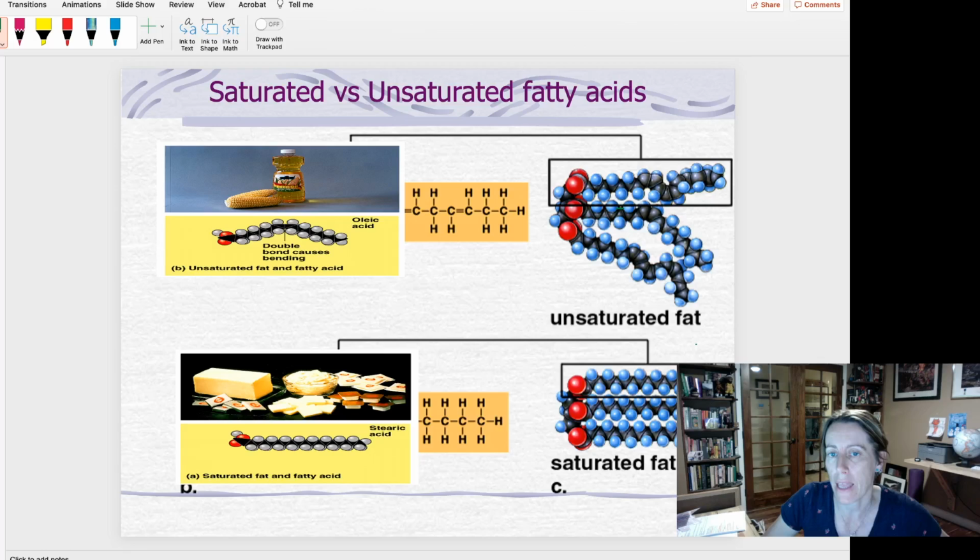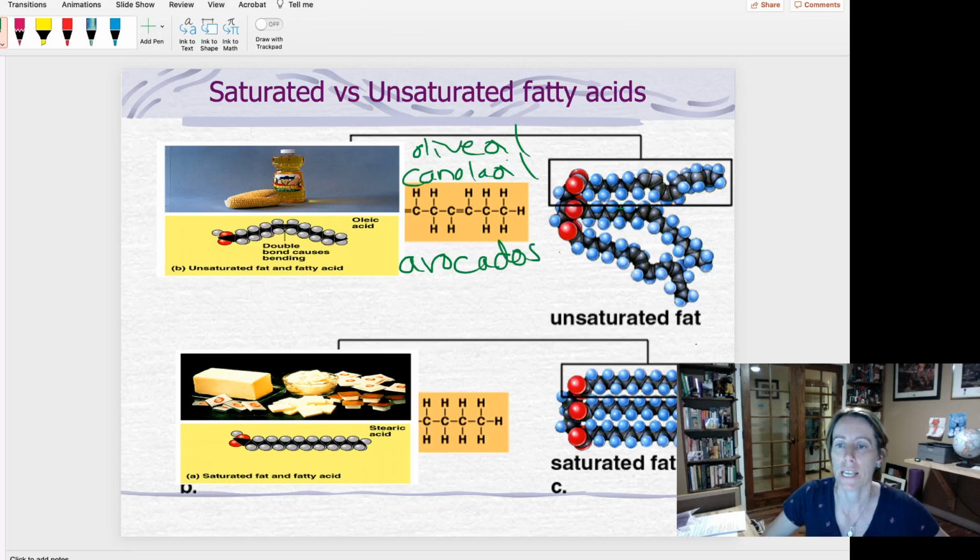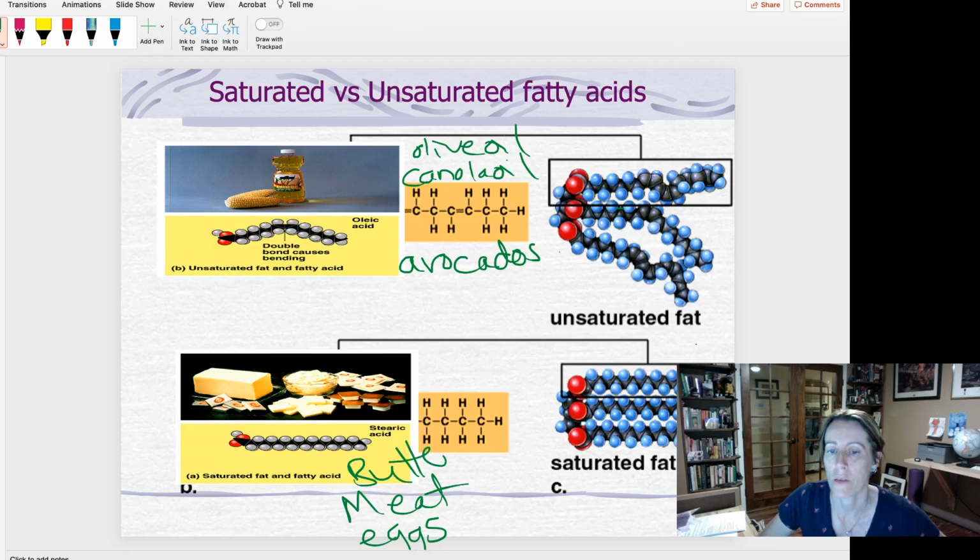Well, things like olive oil, things like canola oil, things like avocados. What contains saturated fat? Meat, eggs, butter.